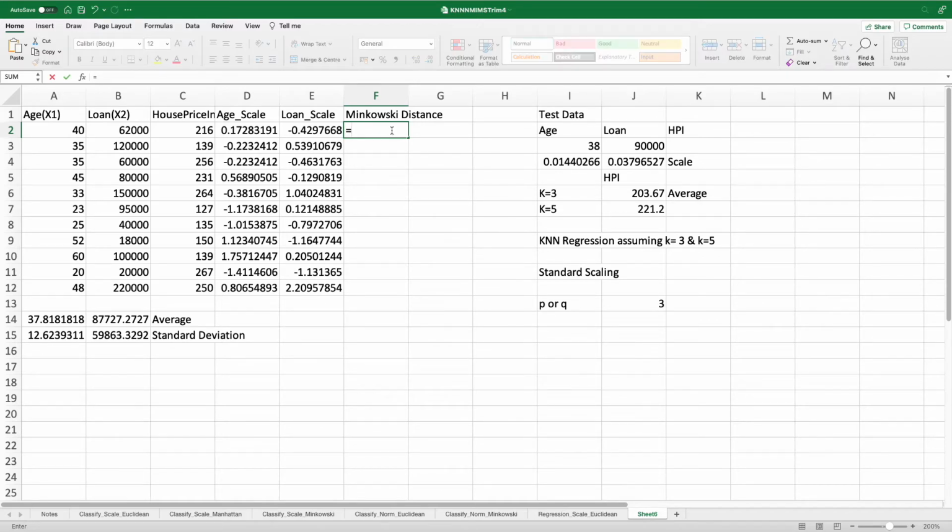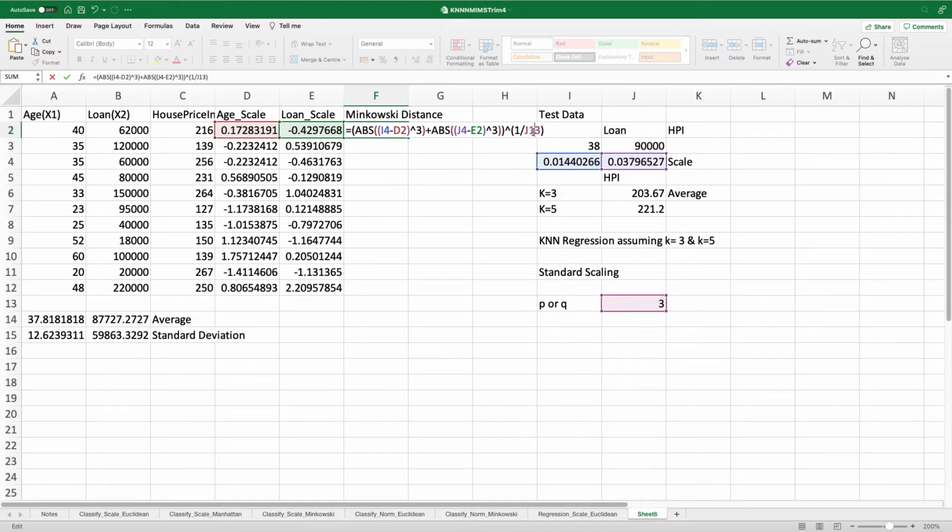So is equal to open bracket ABS open 2 brackets this minus this to the power of 3 close bracket plus open bracket ABS open 2 brackets this minus this to the power of 3 close bracket to the power of open bracket 1 divided by 3.